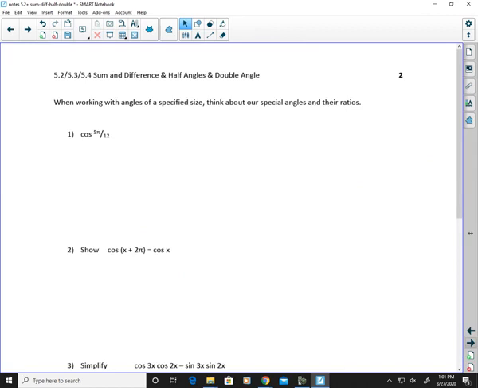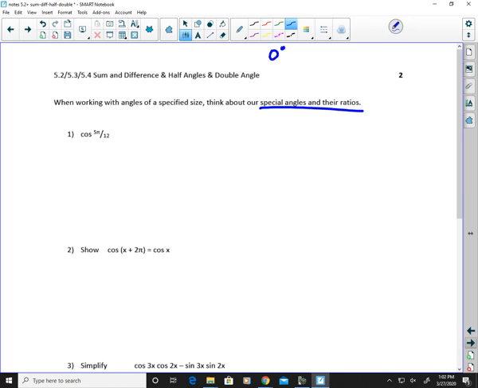Okay, so we're going to look at these angles and we're going to try to think about our special angles. And if it helps us to write angles as degrees, then we can certainly do that to help us think through these situations. So we have special angles and we have ratios for those. We have 0.